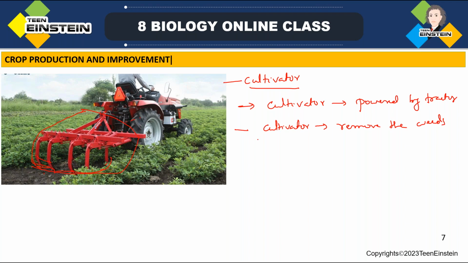So this cultivator is for killing the weeds and to remove unwanted vegetation.